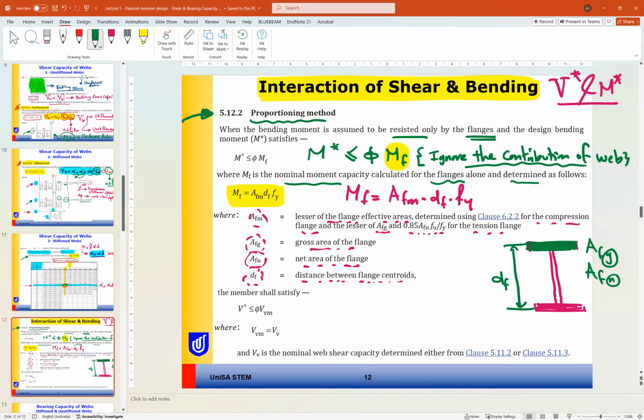Afm is the lesser of the flange effective areas determined using clause 6.2.2.